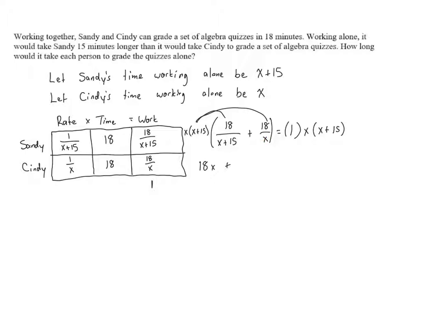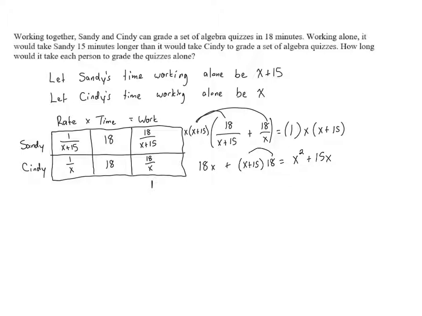So that's going to leave us with X plus 15 times 18. And on the right, 1 times anything is itself, so we can ignore that 1 out front. And then when we distribute the X in, that's going to give us X squared plus 15X.